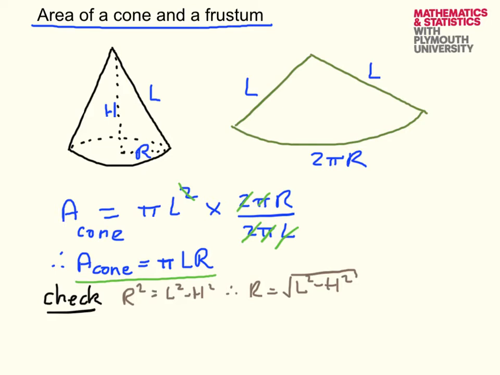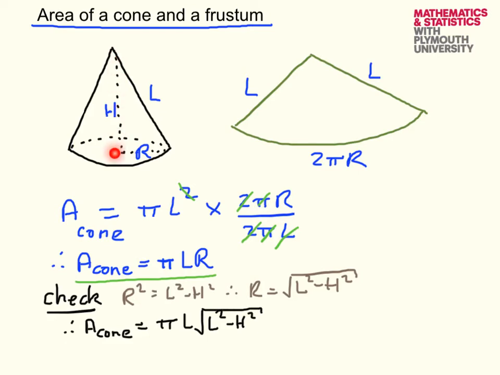So this means that we can rewrite our area of the cone as pi times L times this square root factor for r. So we have pi L root L squared minus h squared.